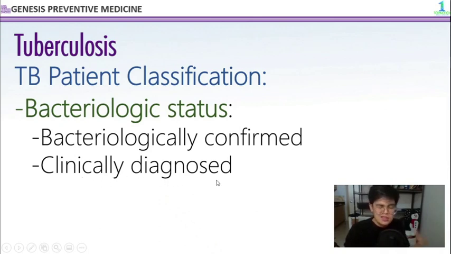Usually, these patients did undergo the tests, but they yield indeterminate or negative results. But despite that, because the clinicians are inclined to qualify them as having TB, they are also recommended for TB treatment. And of course, for bacteriologically confirmed, Xpert or DSSM sputum exams, when they're positive, they are automatically bacteriologically confirmed.